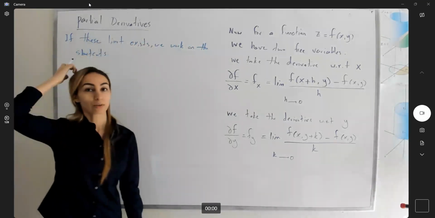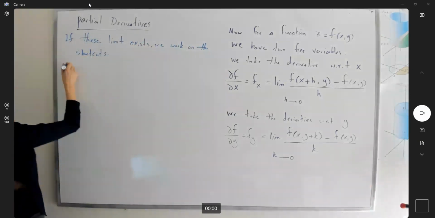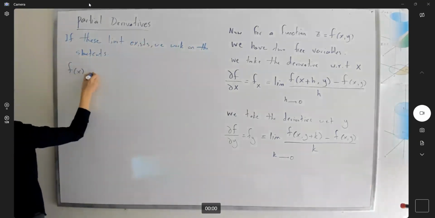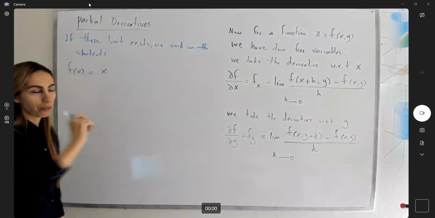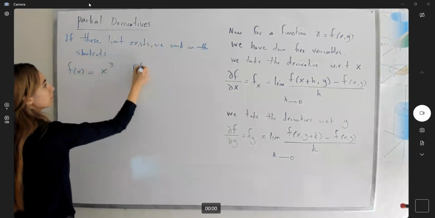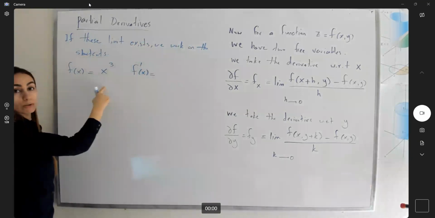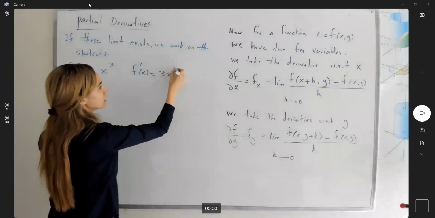So let us go back to elementary calculus. For example, if you had f of x equals x to the power 3, the derivative of this function was equal to 3x squared, right?